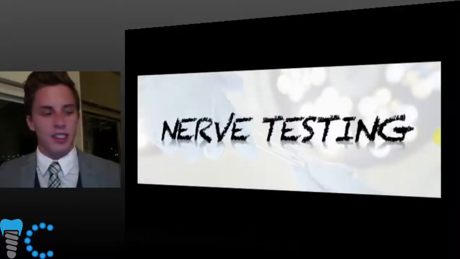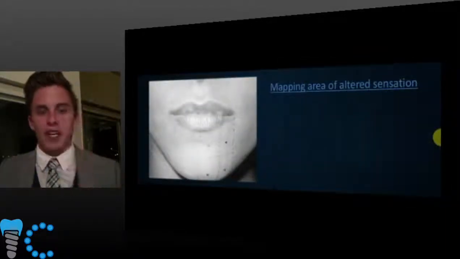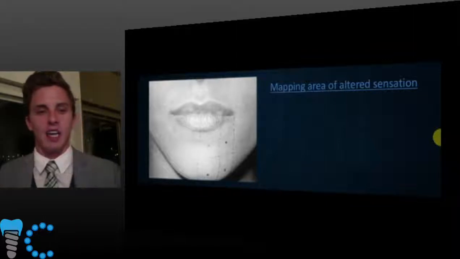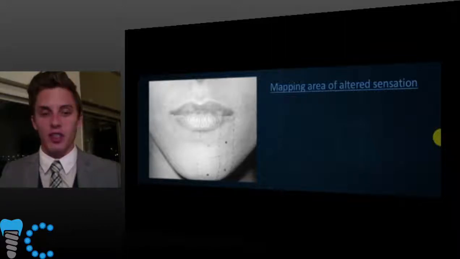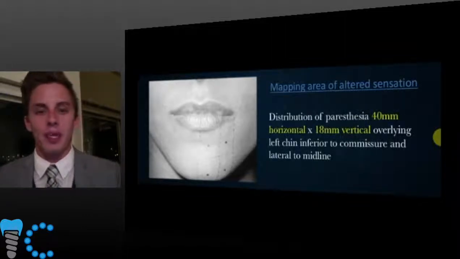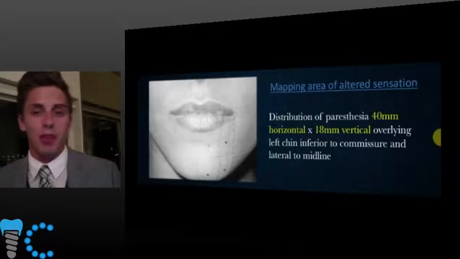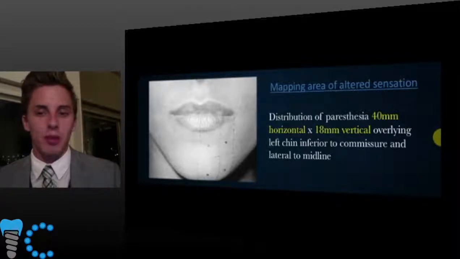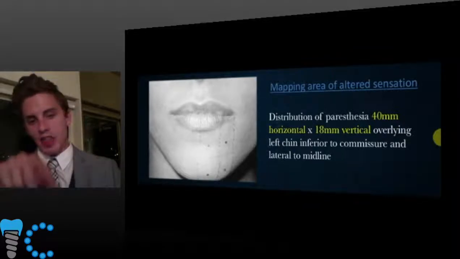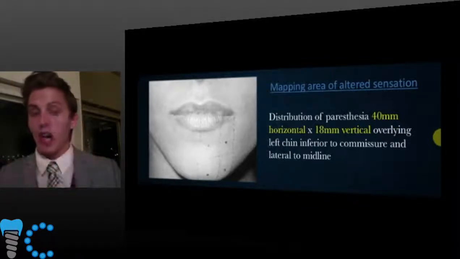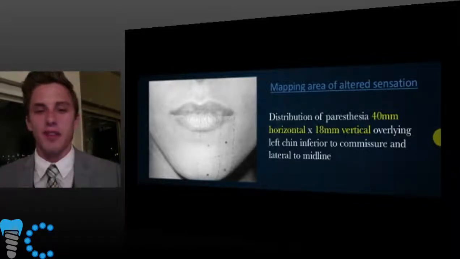So nerve testing. Nerve testing is what we talked about last time. This is not the same patient, but I'm using these diagrams in terms of what we did. We did measure her distribution of paresthesia, which was 40 millimeters horizontal and 18 millimeters vertical. So imagine that same patient that you see in this clinical photo, who is not her, and she has an area that is affected.